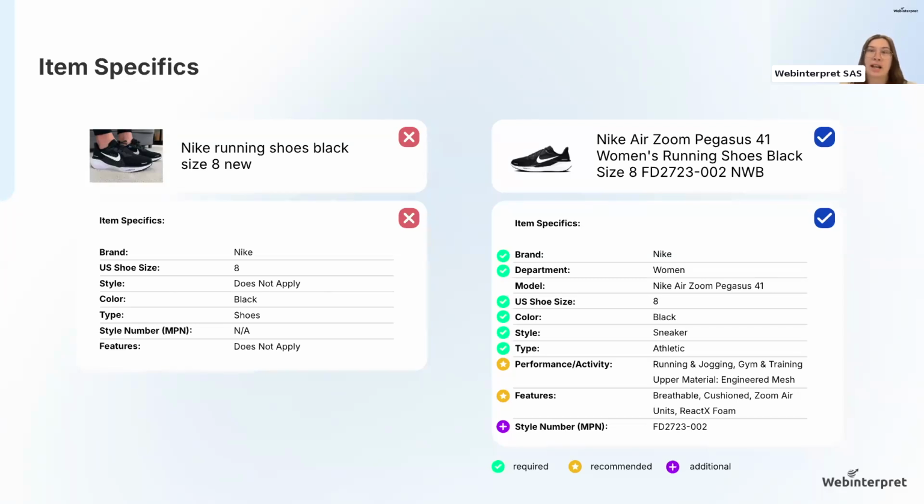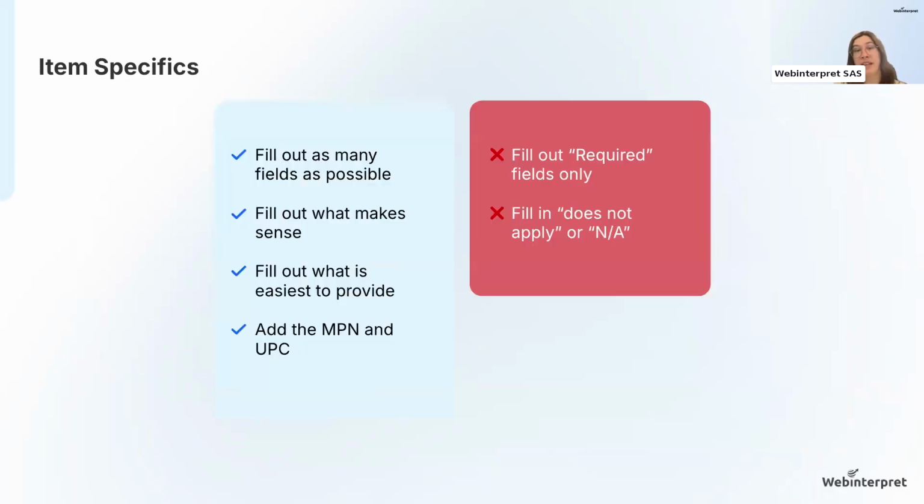So, eBay is actually telling you which recommended specifics to prioritize filling out. And lastly, you have additional item specifics. So you want to be filling in as many of the recommended filters as possible. So there's a better chance that they are matching the filtering that is being done by your buyers.